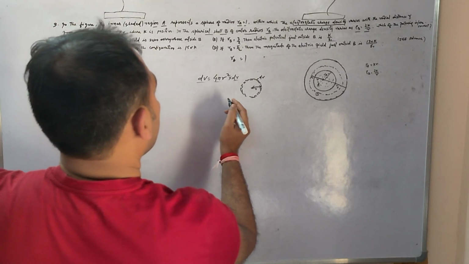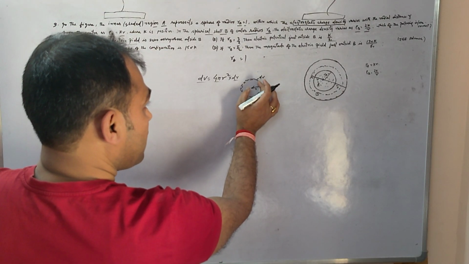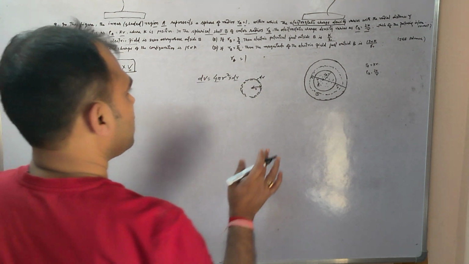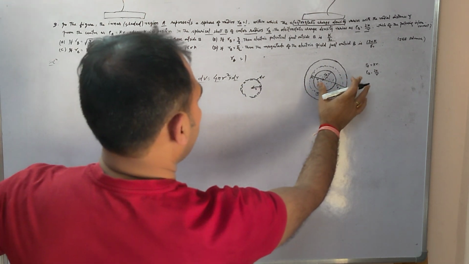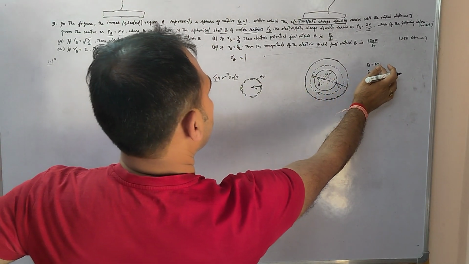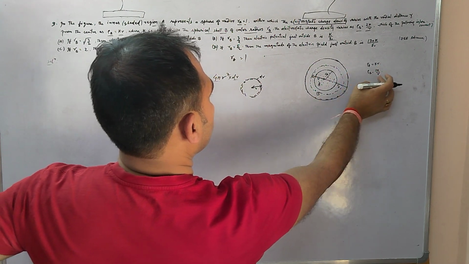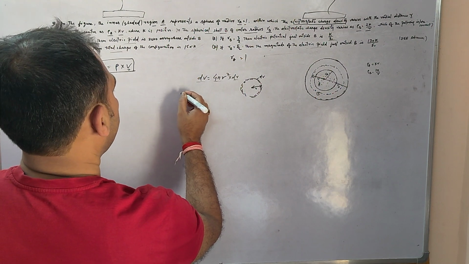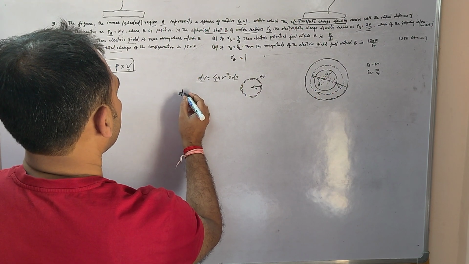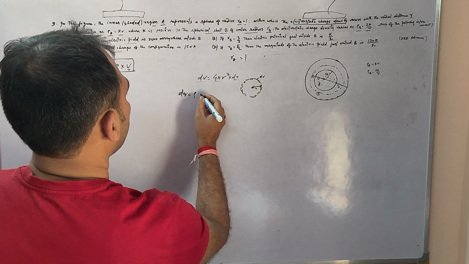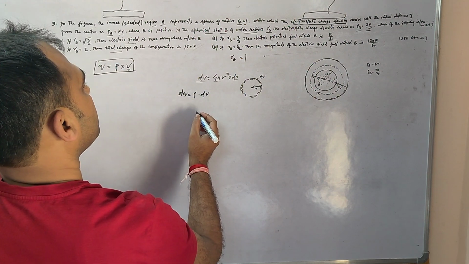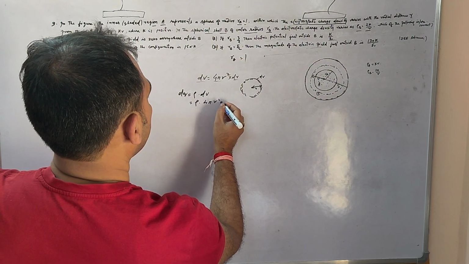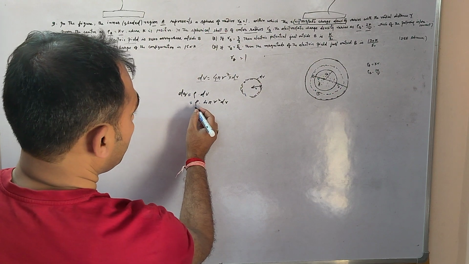Okay, and for this infinitesimally thin hollow sphere where dr is nearly 0, rho will be constant, that will be kr for this and 2k by r for this. So dq will be equal to rho into dV, that is rho into 4 pi r square dr. Now what is rho?